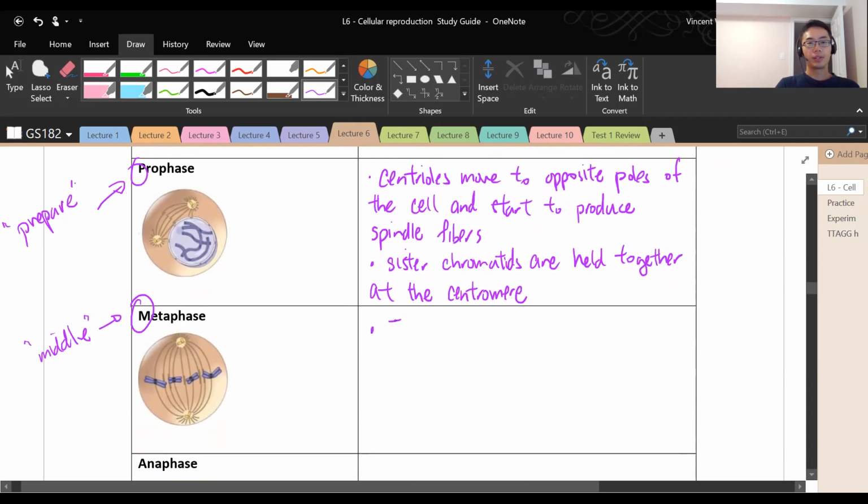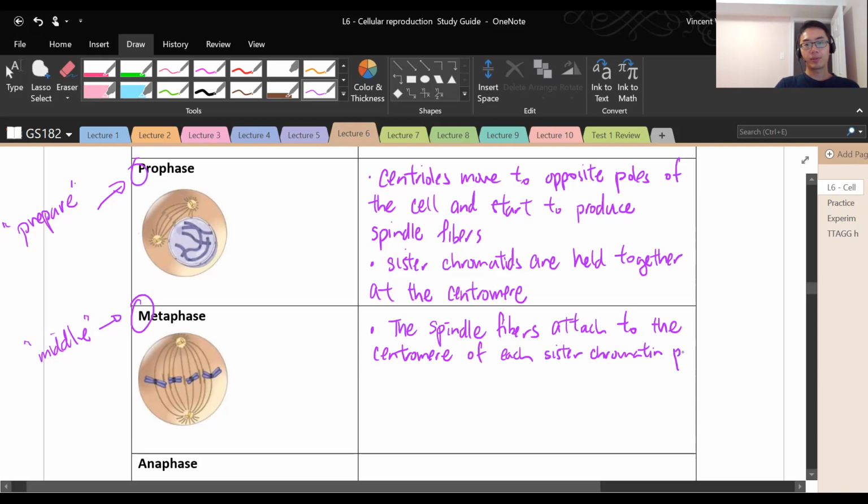So here, the spindle fibers attach to the centromere of each sister chromatid pair and align them at the center of the cell.